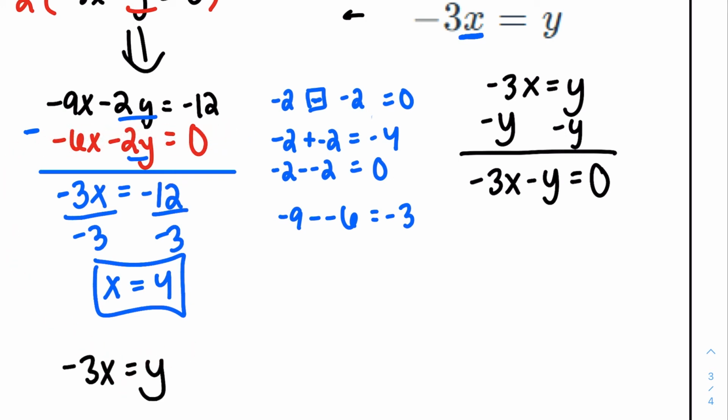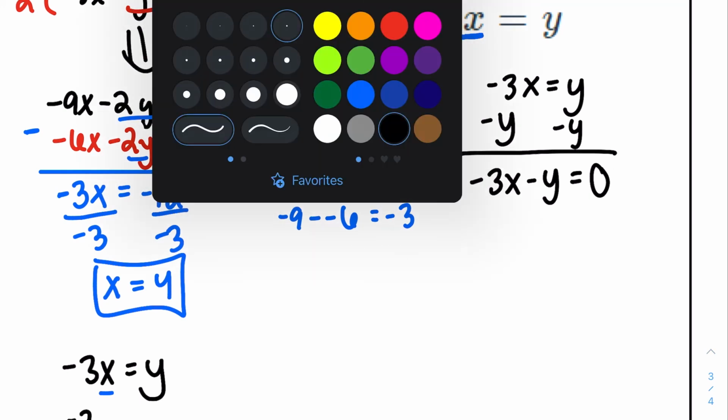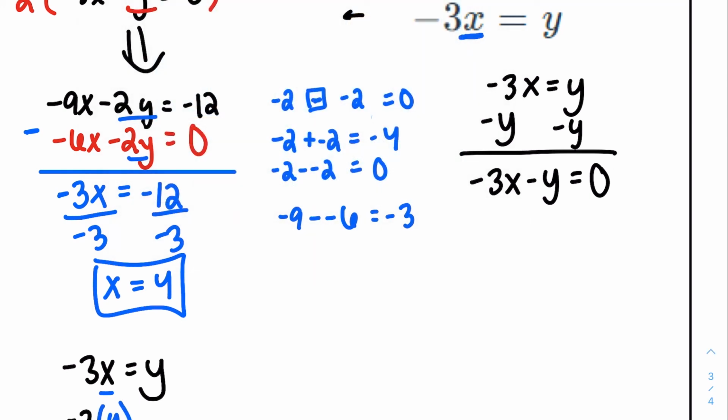Why? Because we have a hard time with organization, and organization is going to make sure that you get all the points that you deserve. So if you didn't rewrite this and somehow you forgot the negative sign, you can't get full points.